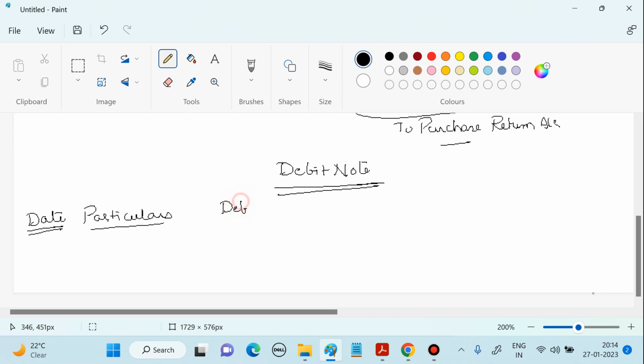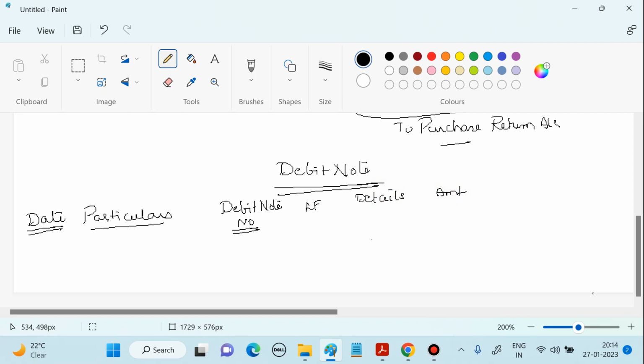Followed by debit note number. Like in the purchase book we use the invoice number, here we use a debit note number. Rest of them are the same. You will have the ledger folio, then you would have the details and the amount column.